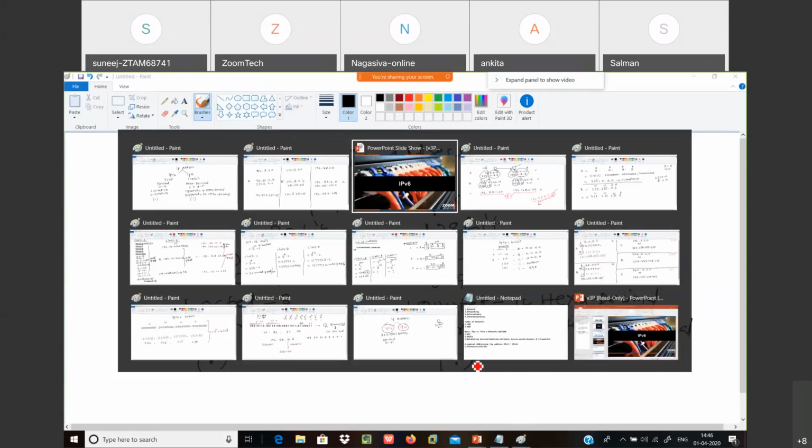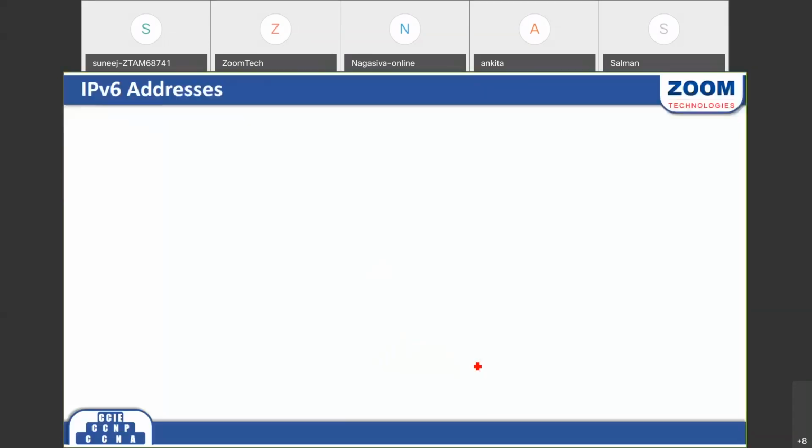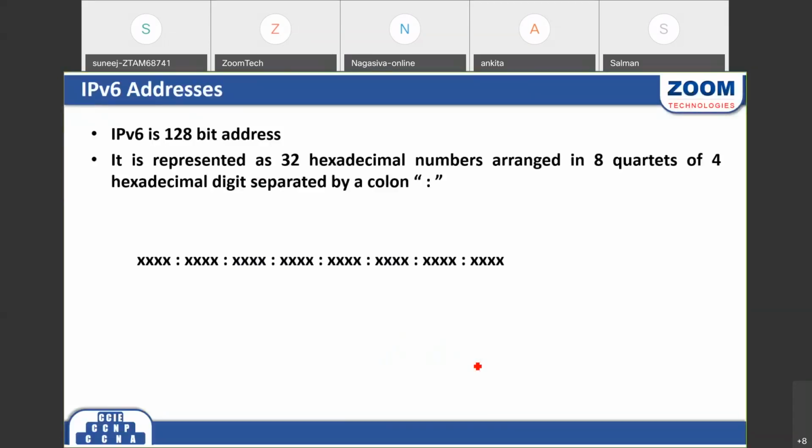See the notes? An IPv6 address is a 128-bit address, represented as 32 hexadecimal numbers arranged in 8 quartets, 4 hexadecimal digits each, separated by a colon.